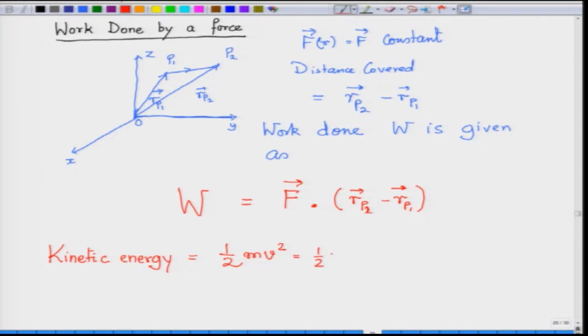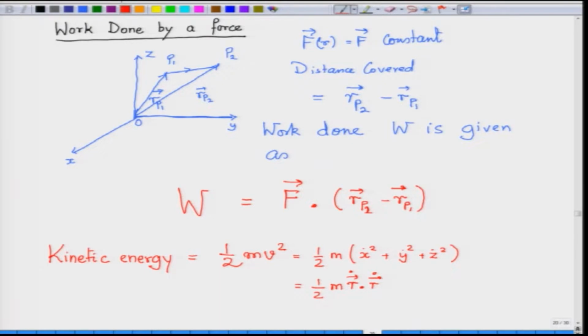So, half of m into x dot square, these are all functions of time by the way, plus y dot square plus z dot square. So, this is equal to half of m times r dot inner dot product with r dot. So, you see the dot product is again used to describe kinetic energy.